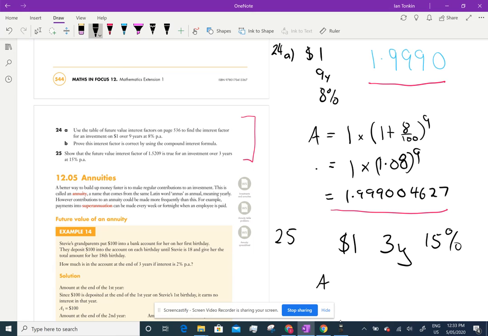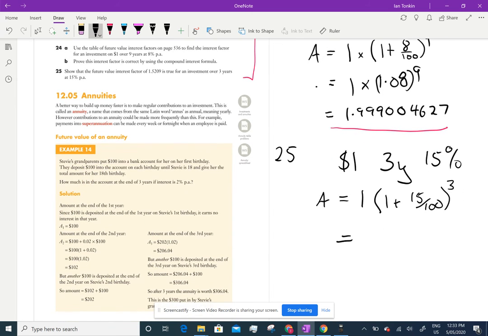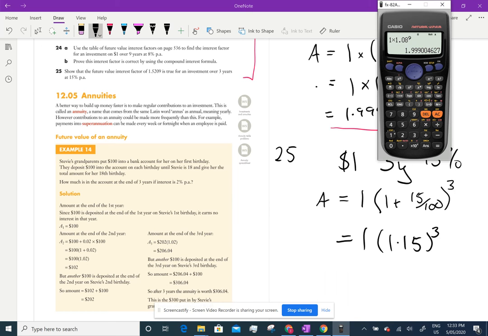So the number I'm going to multiply by is 1, because I'm representing $1. 1 plus 15 over 100 to the power of 3. So that's going to be 1.15 to the power of 3. I don't even need that 1 there.